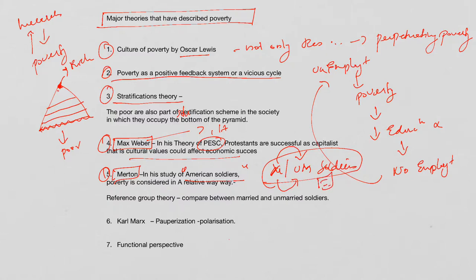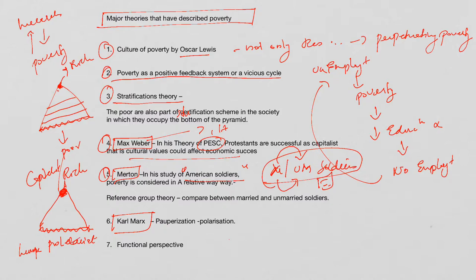Next, we'll talk about Karl Marx. According to Karl Marx, in society, gradually when capitalism happens, something called polarization happens. The two poles, people will be segregated: this will be the rich set of the capitalist strata, and this will be the poor, or we can say lumpen proletariat.